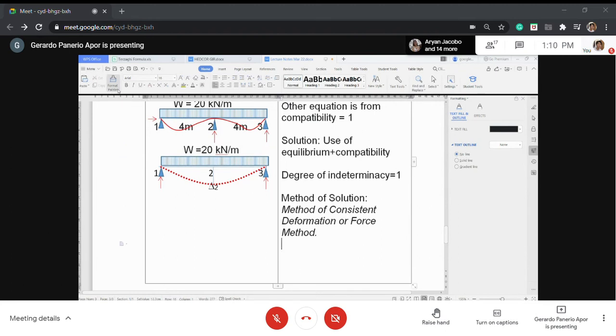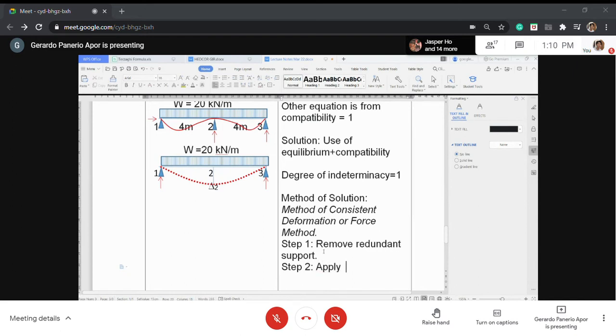So, procedure, no? Step 1. Okay. Remove redundant support, step 1. Step 2.